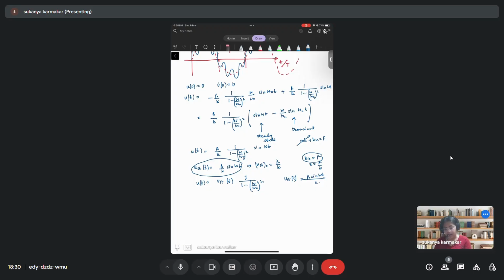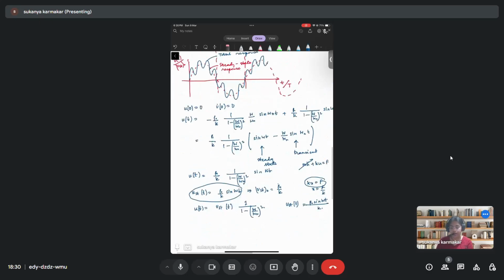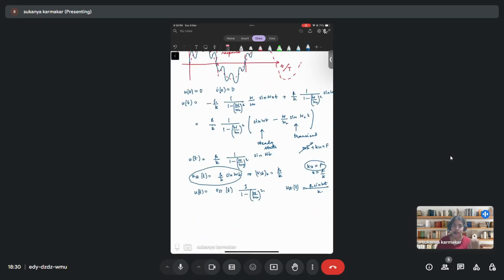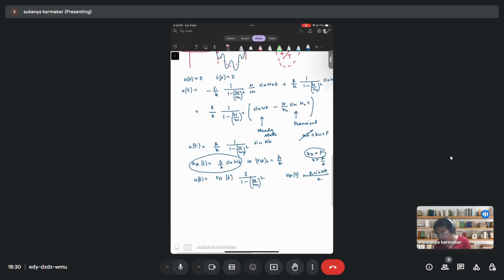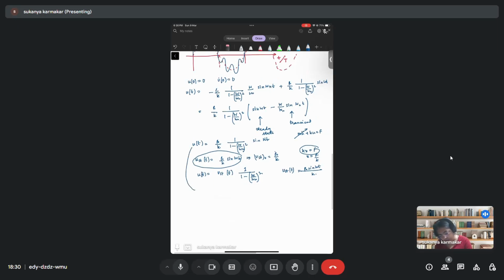Now this ust of t, when does it take up its maximum value? When sine omega t goes to 1. So ust naught, the peak value when sine omega t is 1, is equal to p naught by k, right? And similarly, what will be the peak value of this quantity?